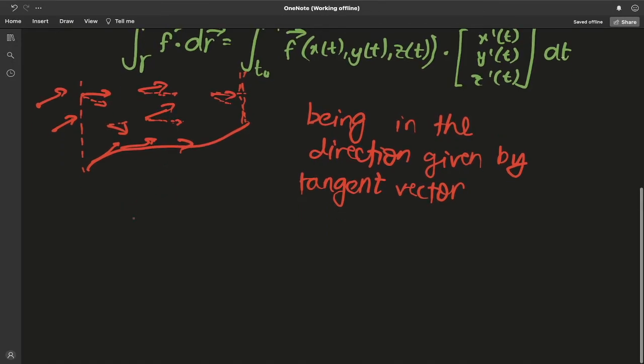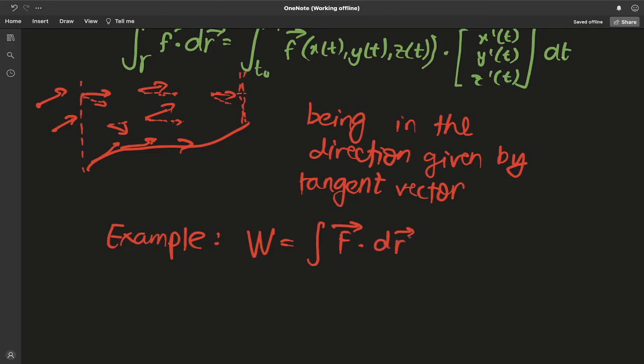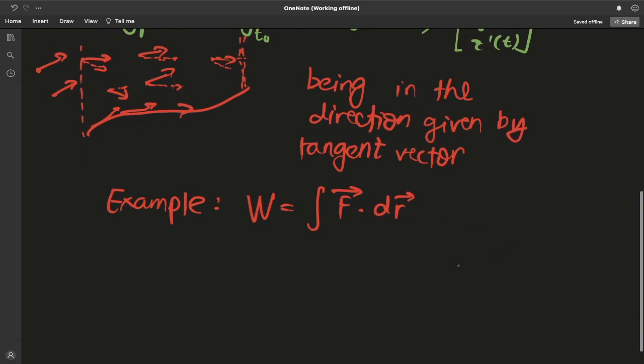Okay, now an example of this, because examples are really important, of a line integral in applied mathematics or physics is work. The definition of work is force, which is a vector field, dotted with the tangent vector of a path along which you're moving.